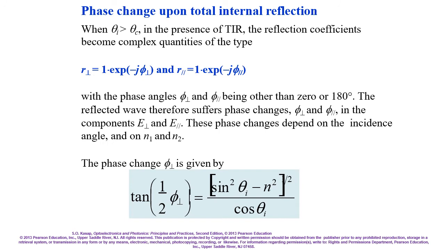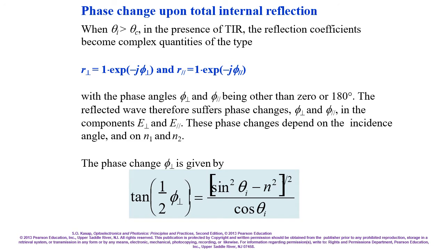Now the phase change upon total internal reflection. When theta I is greater than theta c, in the presence of TIR, the reflection coefficients become complex quantities, with phases phi perpendicular and phi parallel, beyond just 0 or 180 degrees. The reflected wave therefore suffers phase changes phi perpendicular and phi parallel in the components E perpendicular and E parallel.